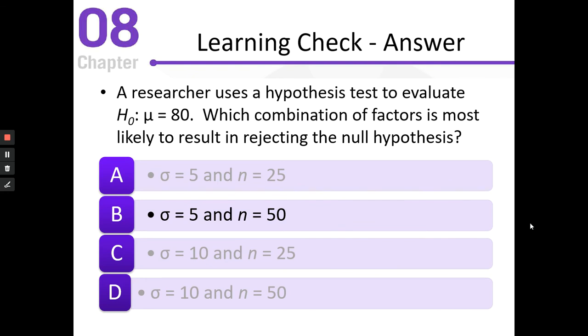The bottom part of the formula is the standard deviation divided by the square root of n. So the larger n gets, the more people we have in our sample, it reduces the denominator, and that increases our z-score. A larger z-score is more likely to reject the null hypothesis. We're more likely to get a z above 1.645. That means there is an effect for the IV. So smaller standard deviation, higher sample size.